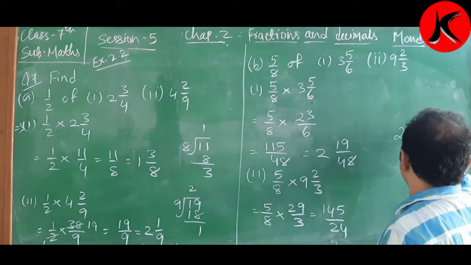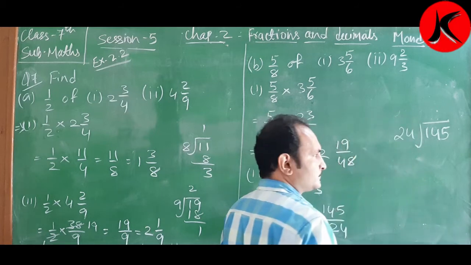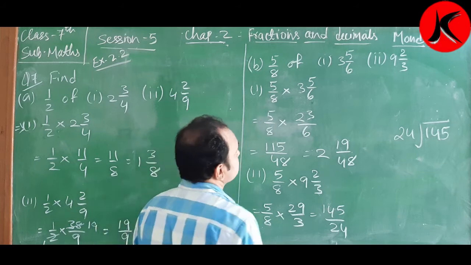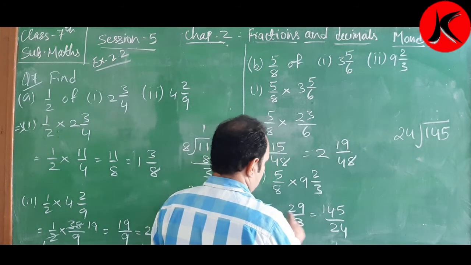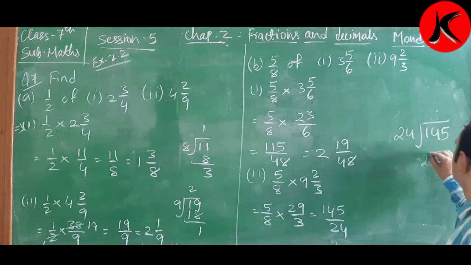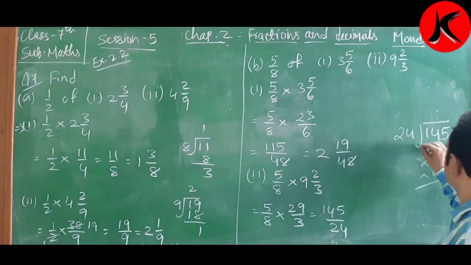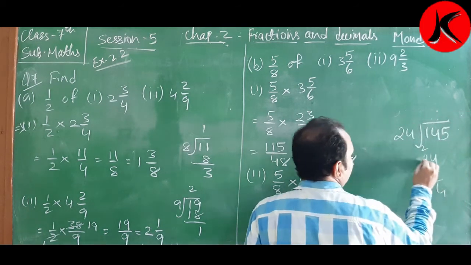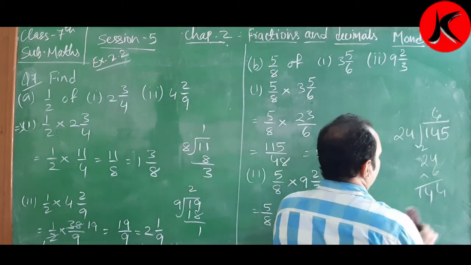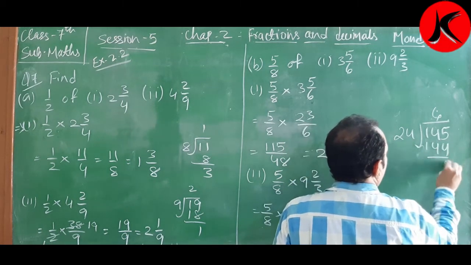Divide 145 by 24. 24 sixes is 144, children. 145 minus 144 is 1.